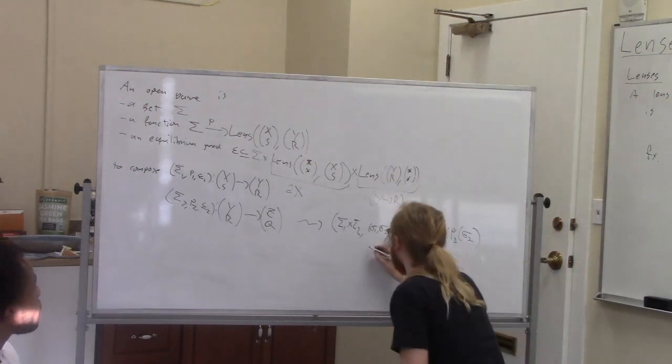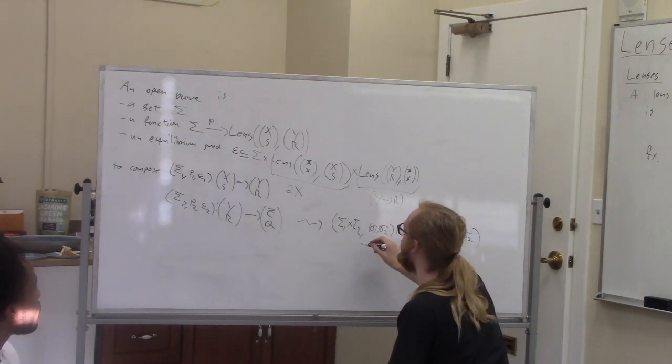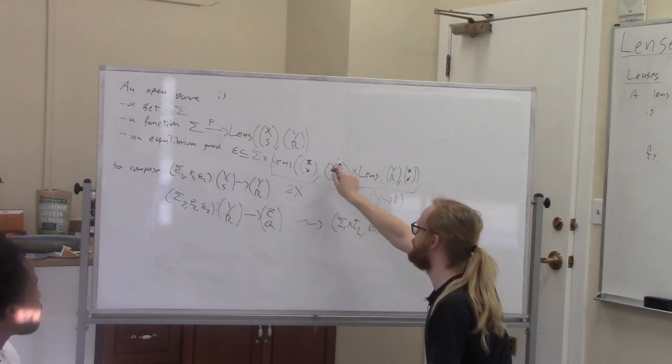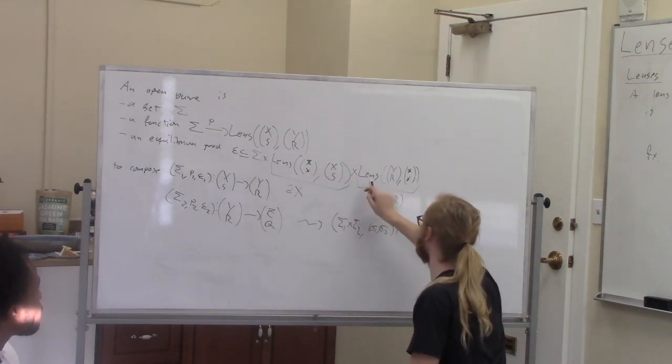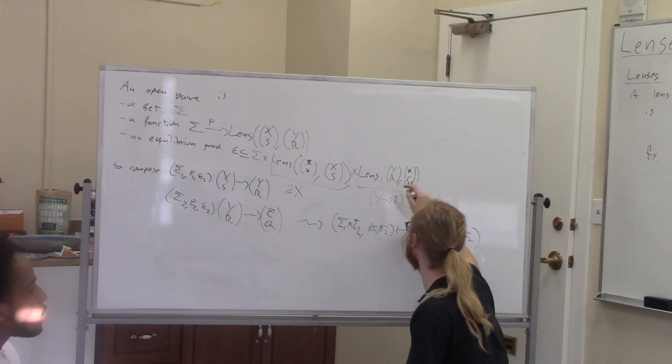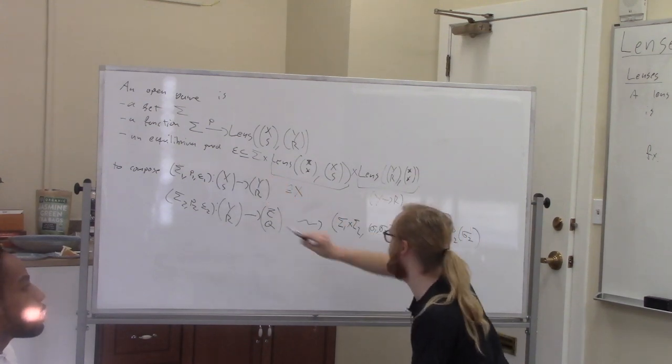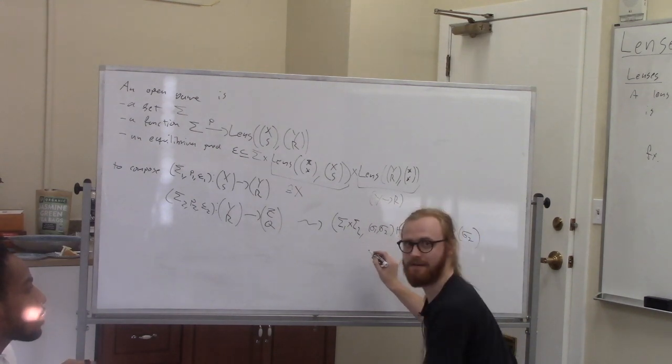Given a lens from the points to X S and a lens from Z Q to the points, and a point in sigma 1 and a point in sigma 2, I have to tell you whether it's an equilibrium.